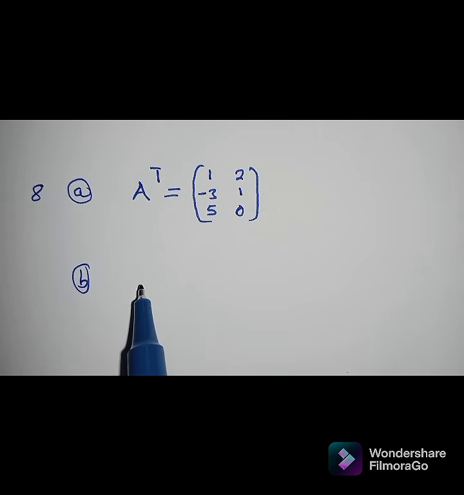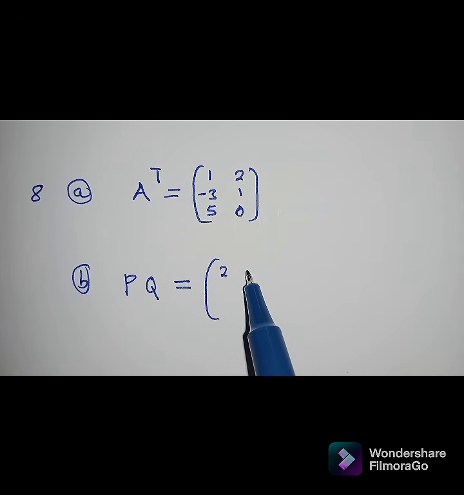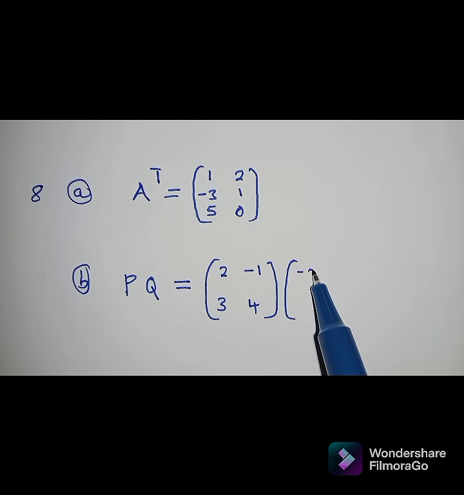For B, they would like us to multiply P by Q. We know, of course, P is given to be equal to 2, negative 1, 3, 4 there. And this is our P, and our Q is this one here.